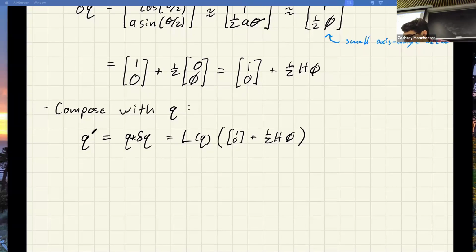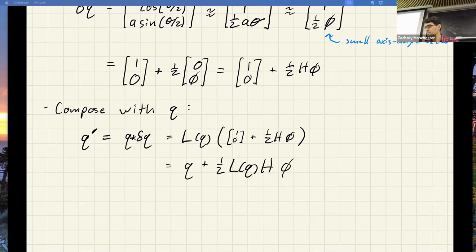If I now distribute that out, it's Q, that's the identity term, plus 1/2 L of Q H B. Cool. So this is, again, if I were to take a tiny infinitesimal rotation and perturb some arbitrary quaternion by it.